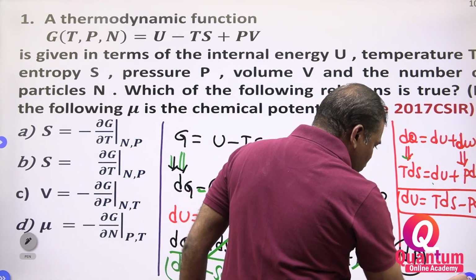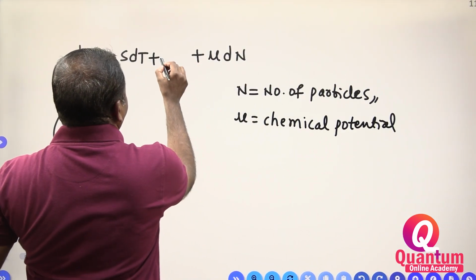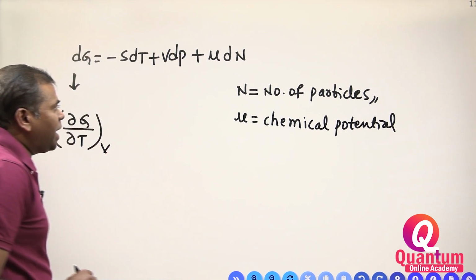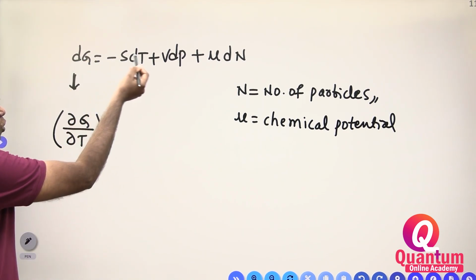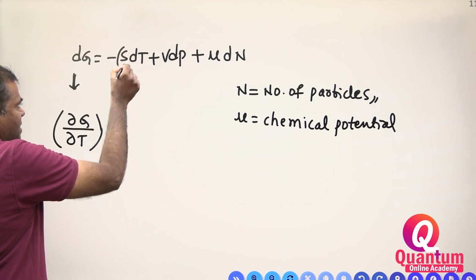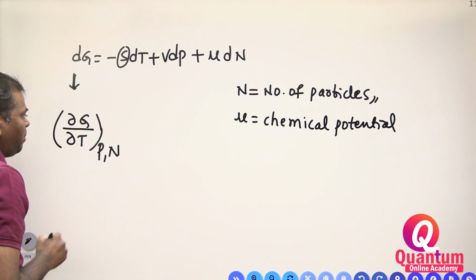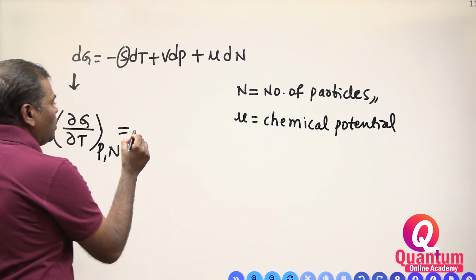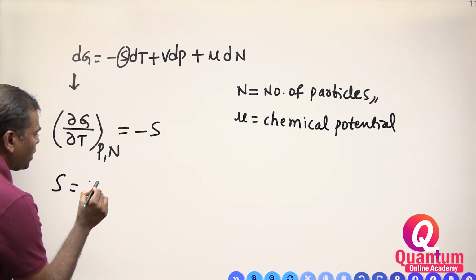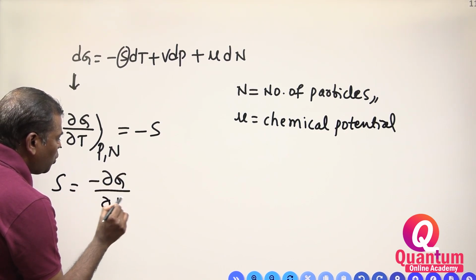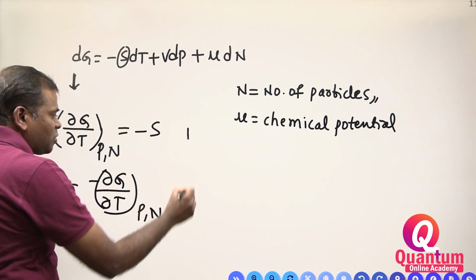Minus SdT plus VdP. Now, to get dou G by dou T, for S we need to get, at constant pressure and number of particles it is equal to minus S. Therefore, S is equal to minus dou G by dou T at constant pressure and number of particles. This is one way.